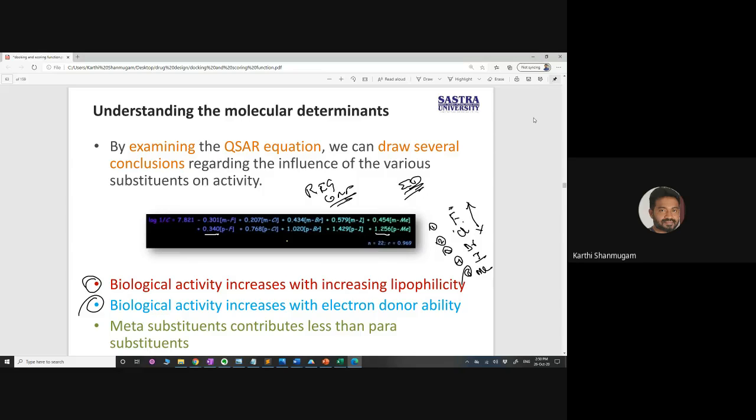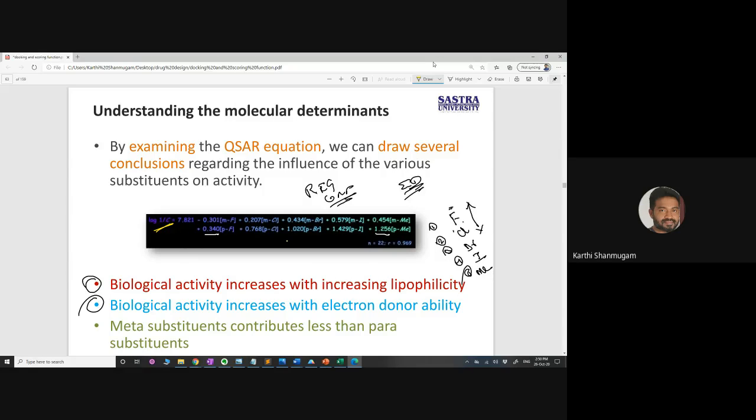Again, I repeat my question. Methyl at para position is contributing some amount to the biological activity, given as 1.256, the regression coefficient. If I change it to a stronger electron donating group, what will happen to the biological activity? It will increase. Okay, the biological activity will increase.